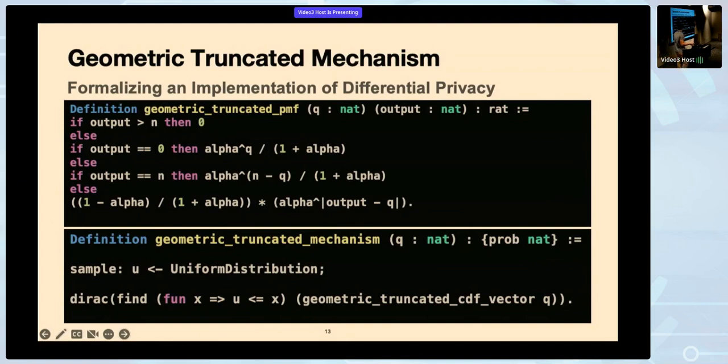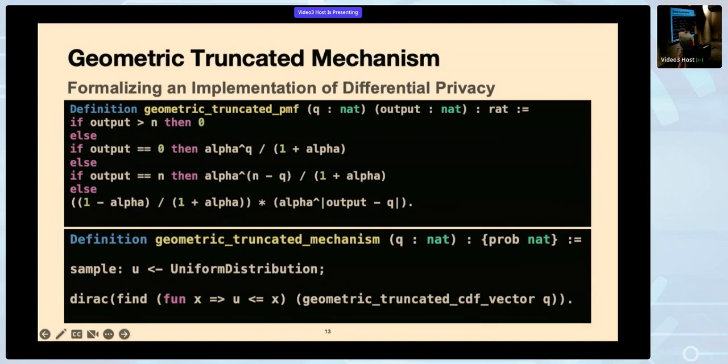In our case, as I described inverse transform sampling, we're drawing noise from this uniform distribution, sampling a probability from it, and then outputting this new distribution, where Dirac is another primitive, and this is really just giving us the point mass function of our distribution.